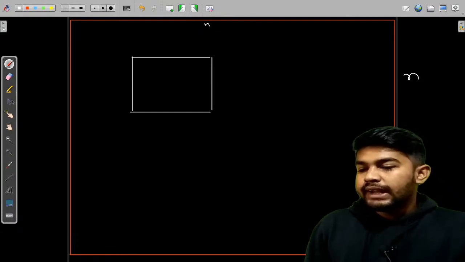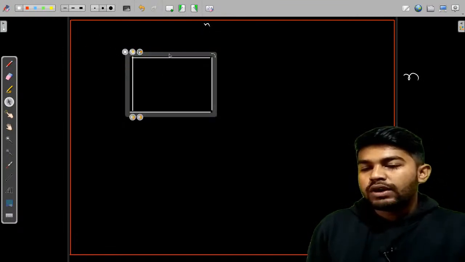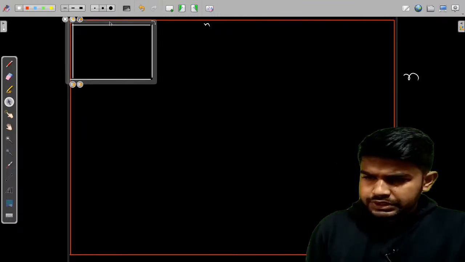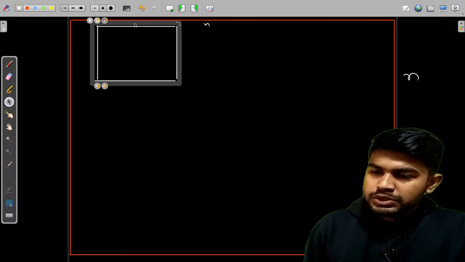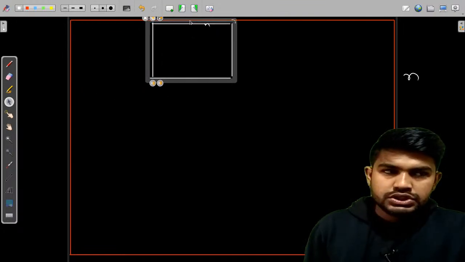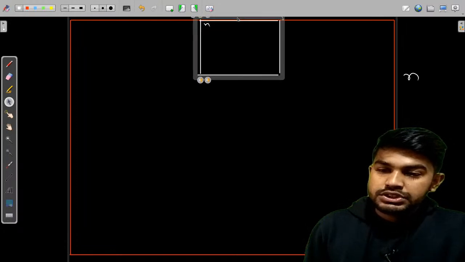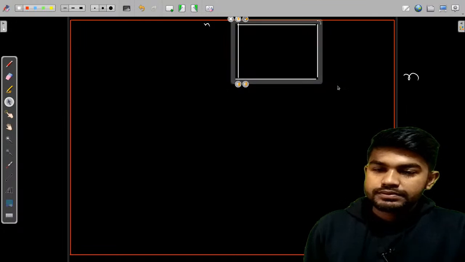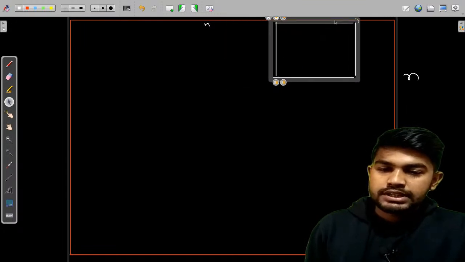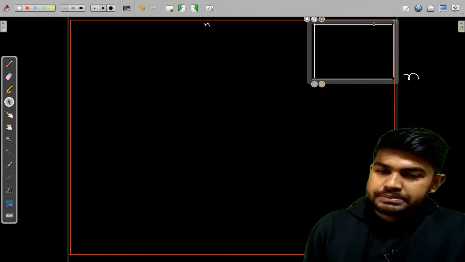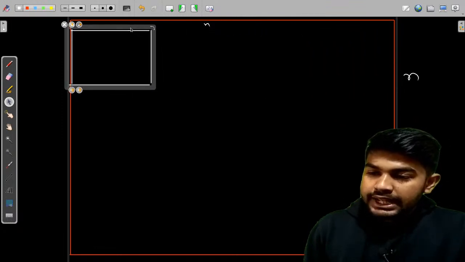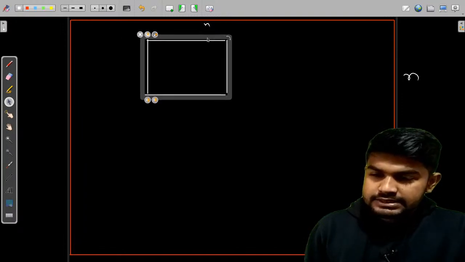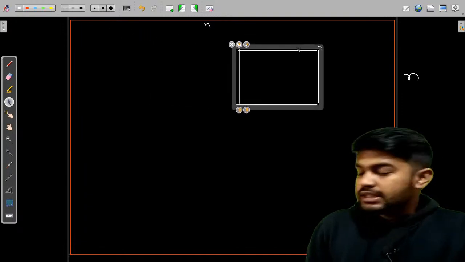Now I want the sum at this position, then at this position, then at this position, and so on for every position. The sum would be like this, then like this, and this would continue.